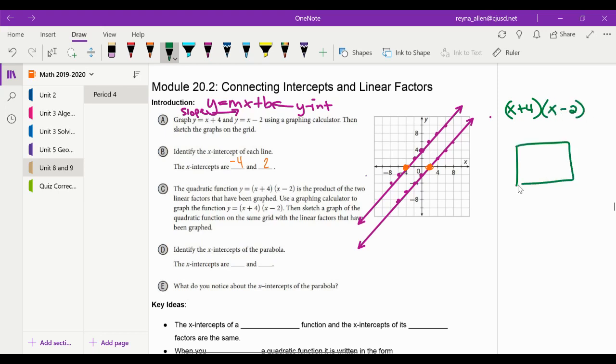I'm going to do the box method because I think it's more organized. You can do whichever method you want. X times x, x squared, x times 4, 4x, -2 times x, -2x, and then 4 and -2. Combine the middle, they are like terms.